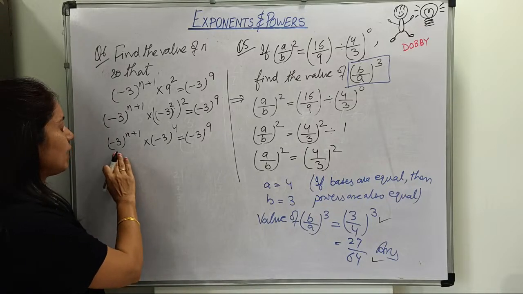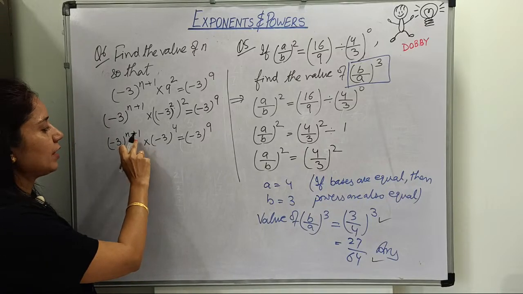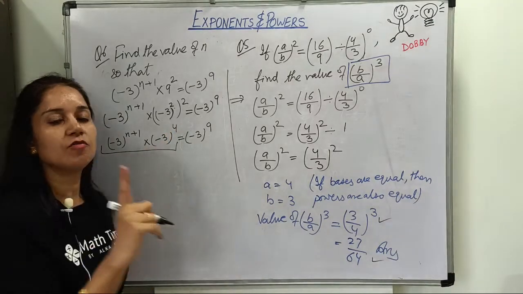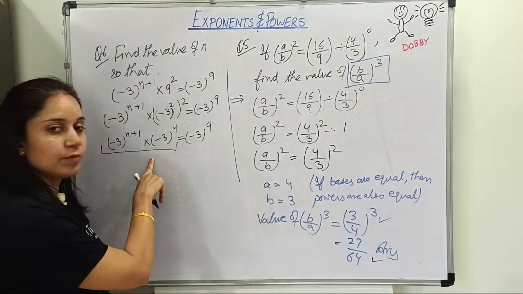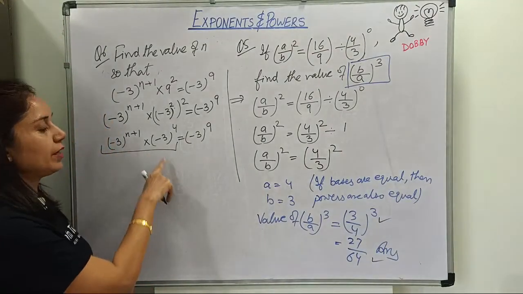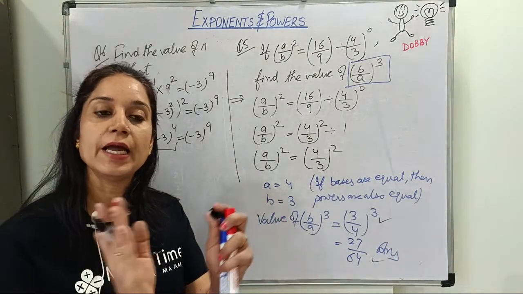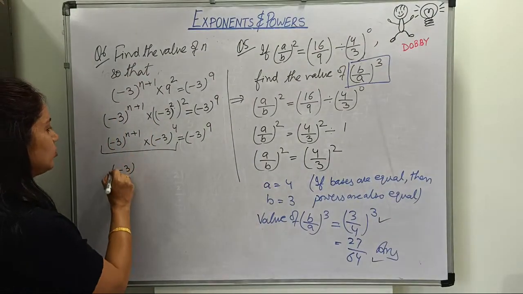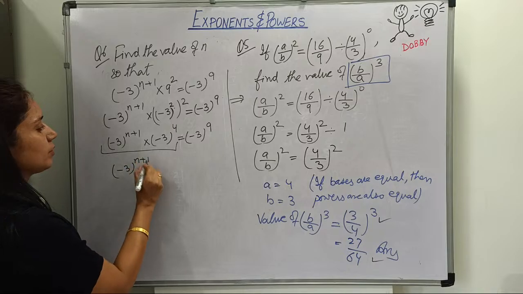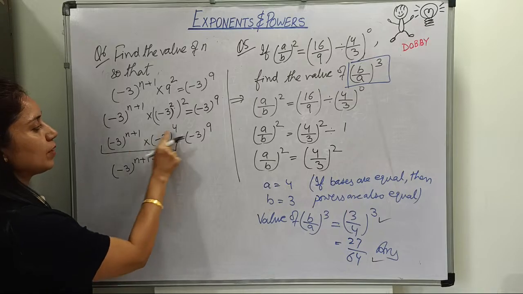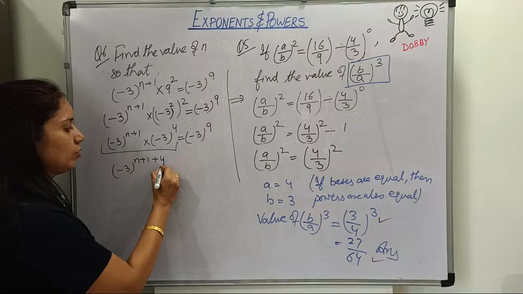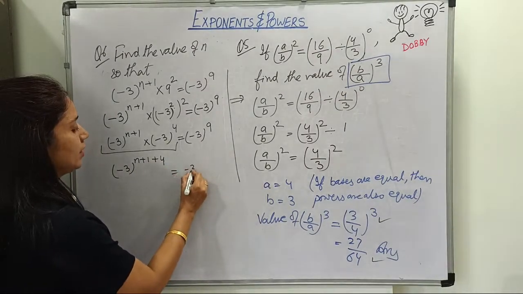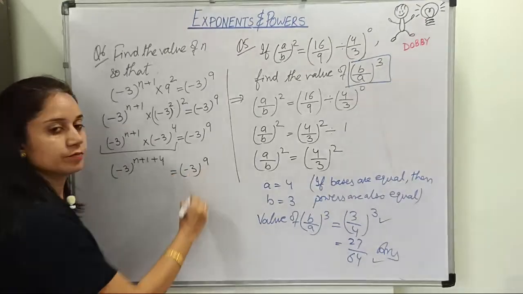Write this: minus 3 raised to the power n plus 1, minus 3 raised to the power 4. Now the first law will be applicable. In multiplication with the same base, powers are added. So it becomes minus 3 raised to the power n plus 1 plus 4, equals minus 3 raised to the power 9.